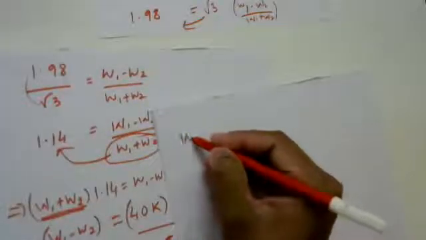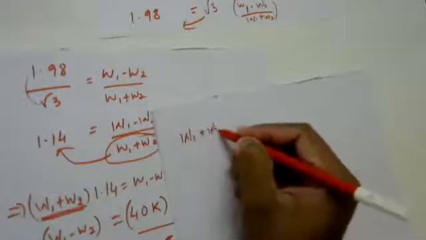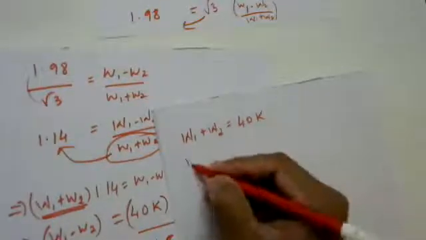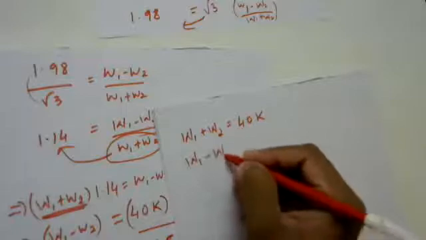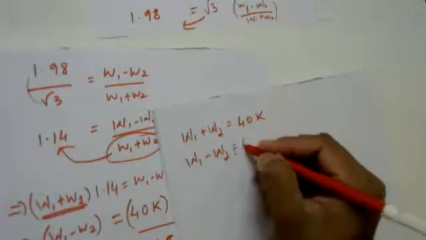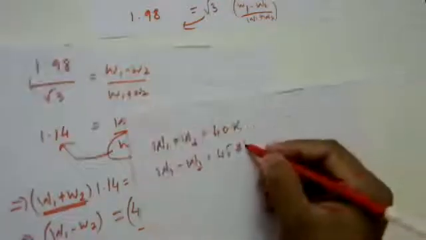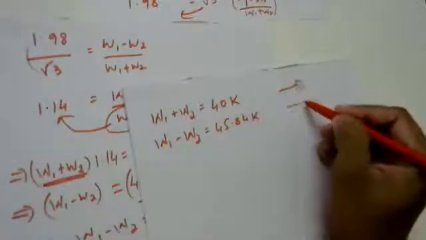My equation number 1 is W1 plus W2 is equal to 40 kilowatts, and my equation 2 is W1 minus W2 is equal to 45.84 kilowatts.